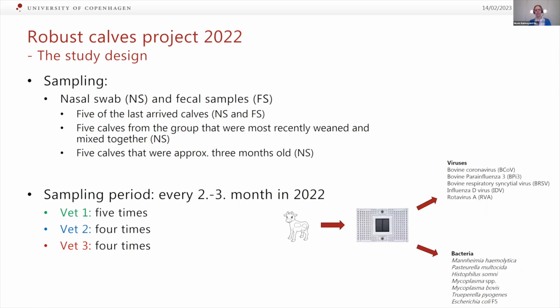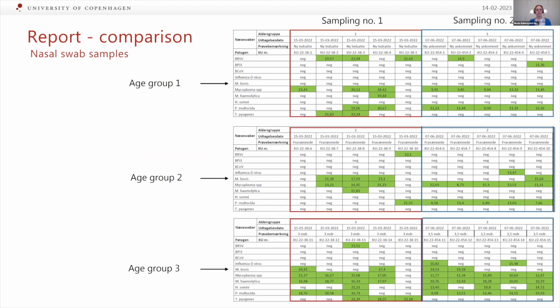And then all these samples were sent to us, and we analyzed them on our bovine high throughput system. And after each sampling round, we made a report containing the result for the samples at that sampling round. But this report also contained a comparison of the result between the different sampling rounds.